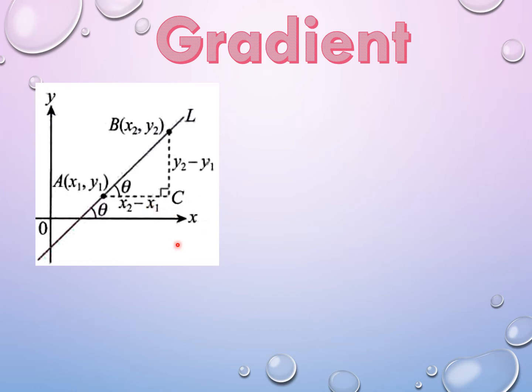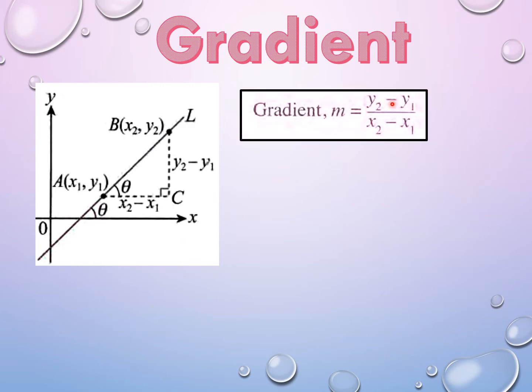So the gradient is given by the formula: the vertical distance divided by the horizontal distance. This one we have learned.